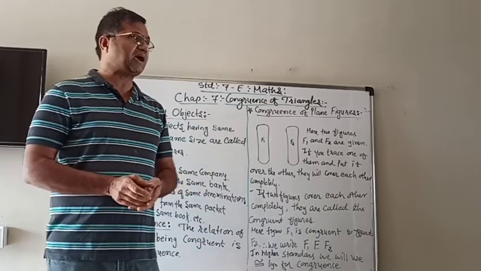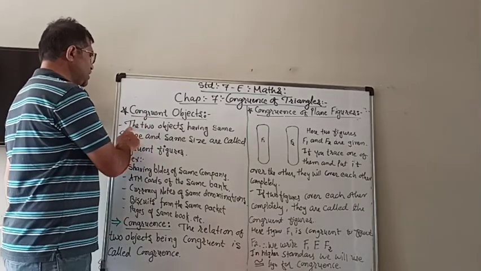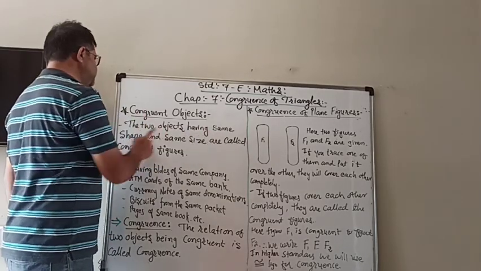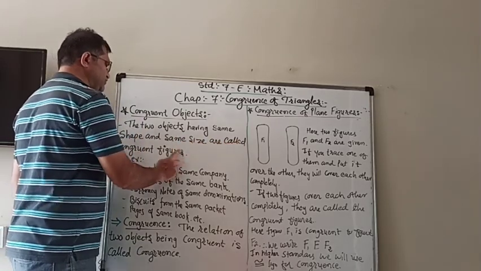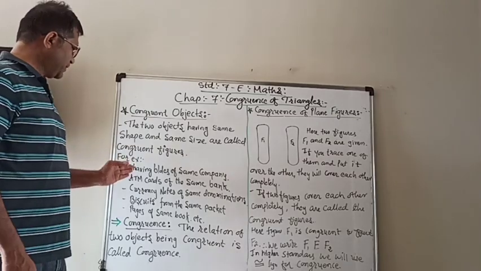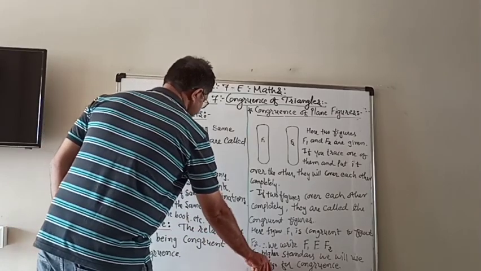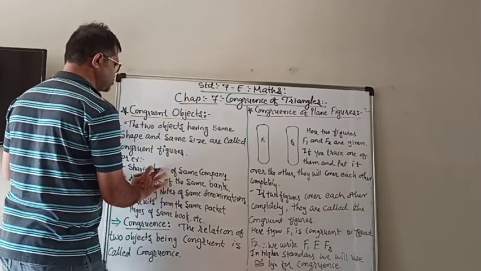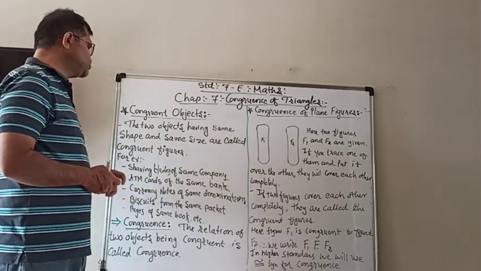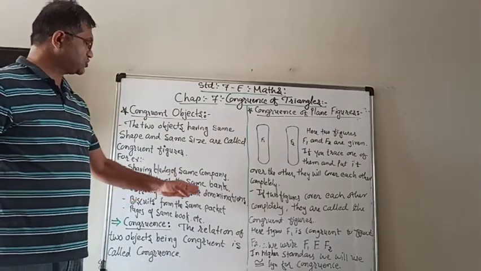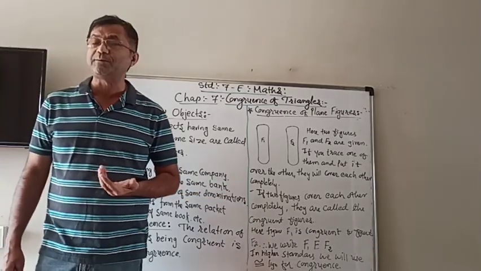So here you can get the idea. So what are congruent figures? Two objects having the same shape and the same size are called congruent figures. For example, I gave you shaving blades of the same company, ATM cards of the same bank, currency notes of the same denomination, biscuits from the same packet.